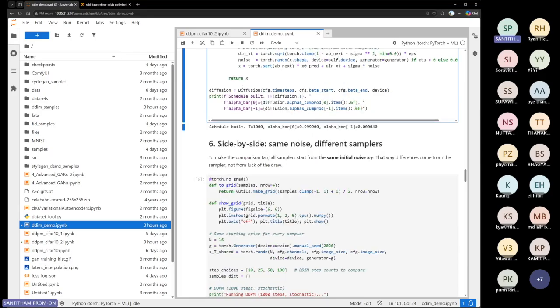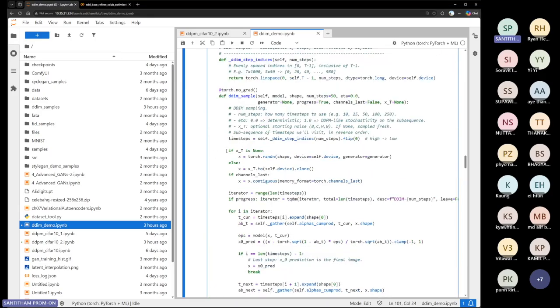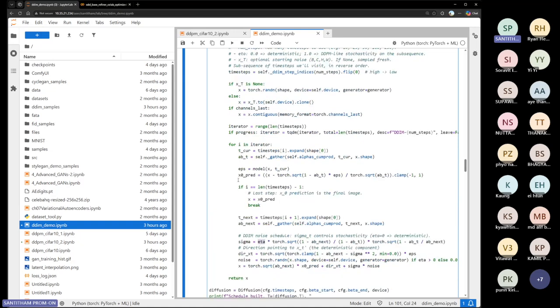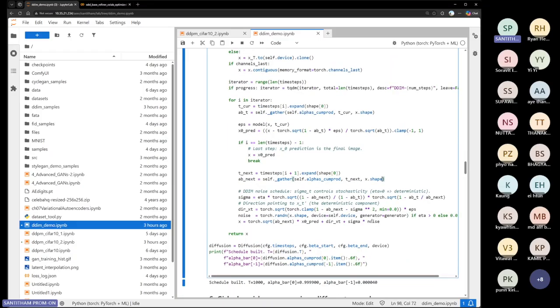Okay, so this is the implementation from the math. You can see that it contains x0 prediction. It still contains the same thing, calculating the AB, the alpha, and it contains each part of the equation, but the calculation is done deterministically, except the noise part here.